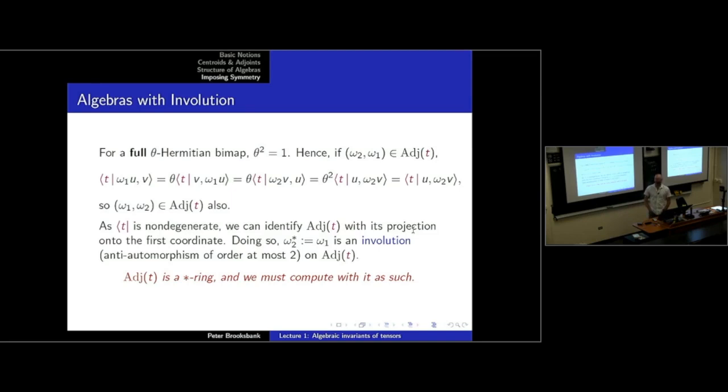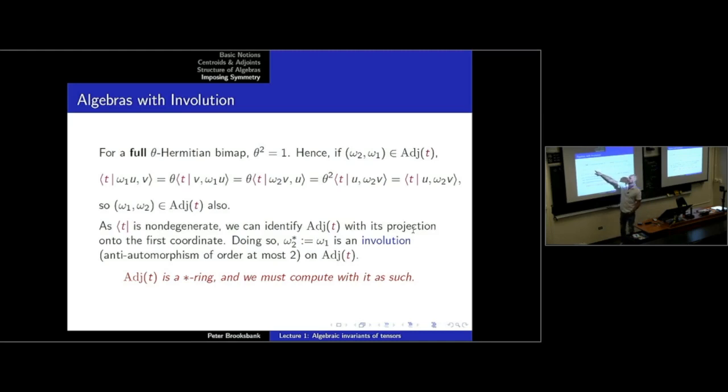So if you have an element of your adjoint ring, omega 2, omega 1, remember that omega 2 typically acts in the, I've left the subscript on here because omega 2 actually acts on the first of those coordinates, right? Omega 1 acts on the second. At the beginning of this equation, I'm having omega 1 act on the first coordinate.